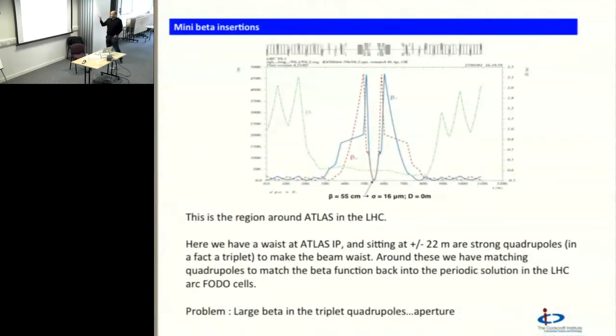Now, what we call this is a mini beta insertion. So this is the region around Atlas. That's the drift we've generated to stick the detector in. We get beta as small as possible to decrease the beam size, therefore have more interactions per second in Atlas. At the point of minimum beta, alpha is 0. We call that a special thing in this subject.